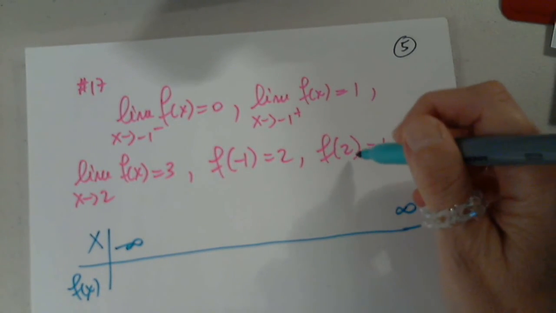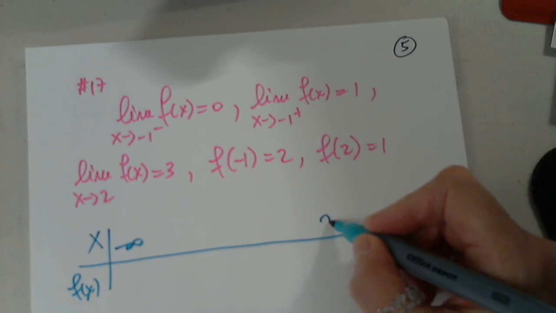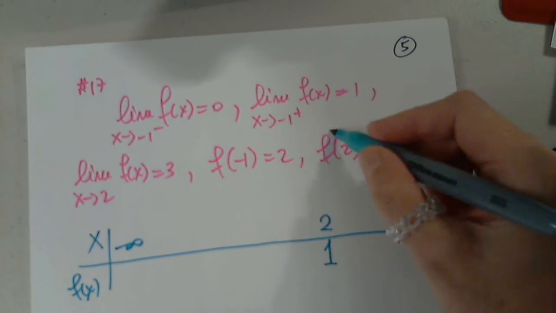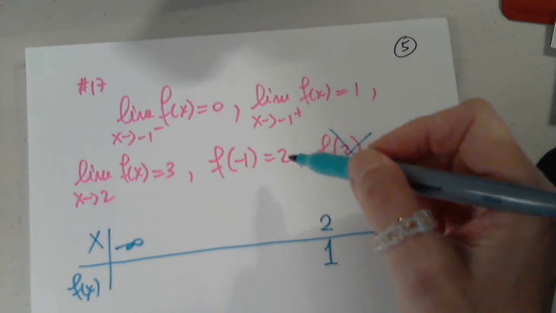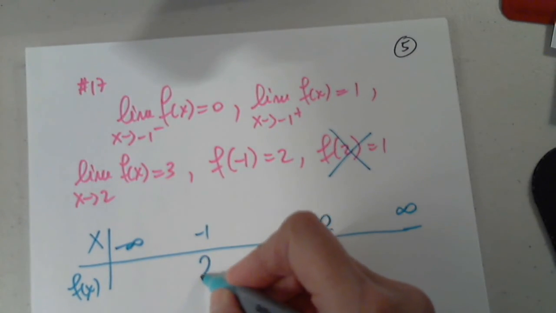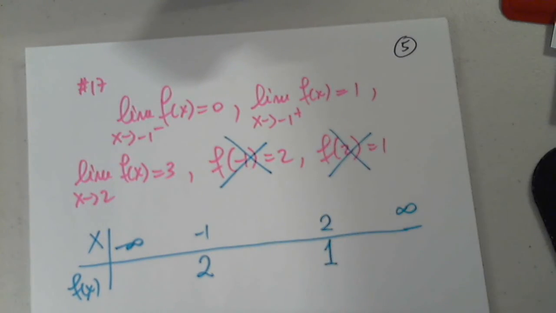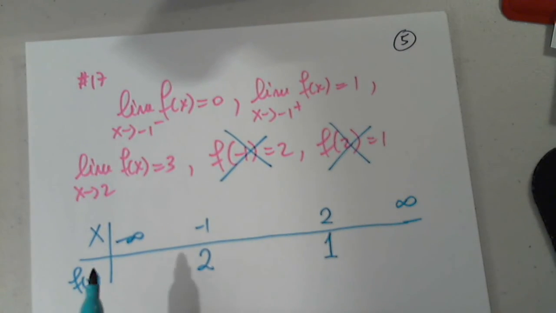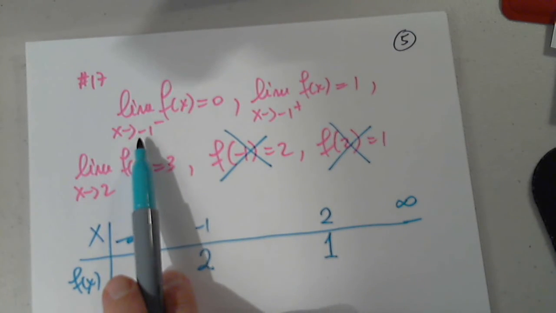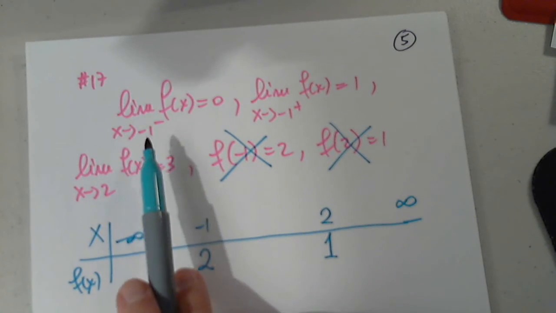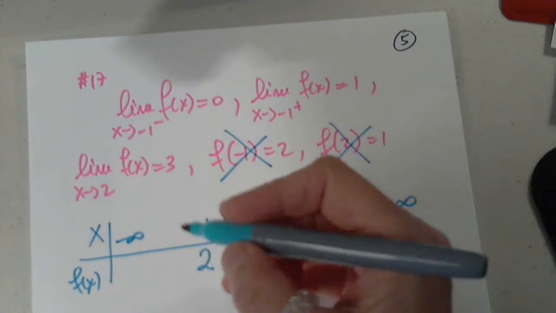So let's say I start with f of 2 equals 1. That's no problem. This is done. Then I see f of negative 1 is 2. This is done. Then I see the limit from the left of negative 1 is 0.